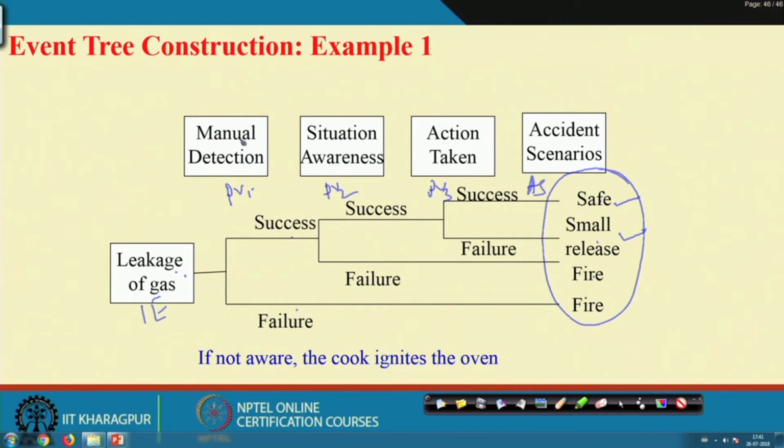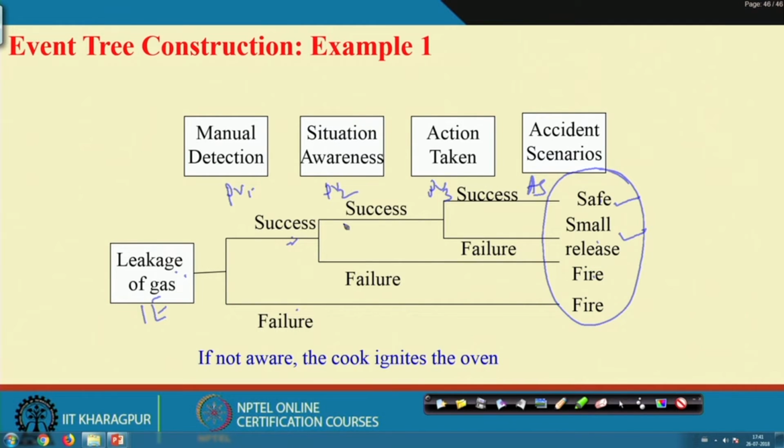If manual detection is not successful for a small amount of gas and only successful for a large amount of gas leaked, then it depends on the amount of gas, and that is basically a conditional event. But in the other way, given this situation, ultimately this will work, and then it is independent. For example, manual detection means leakage is there, then the situation awareness, that means what will happen, not only what action to be taken.